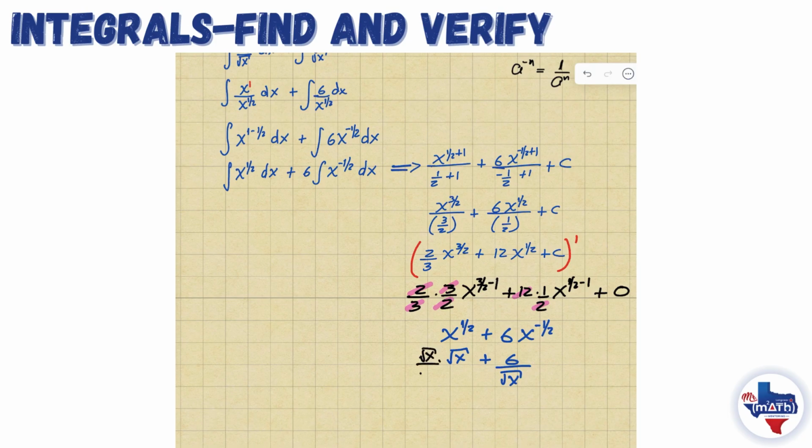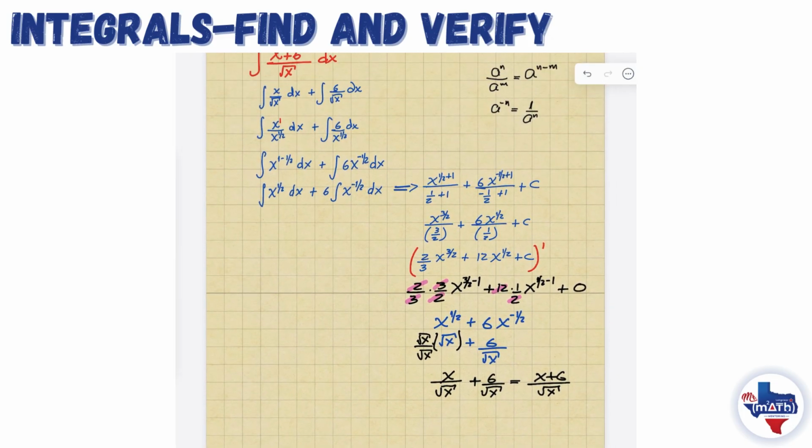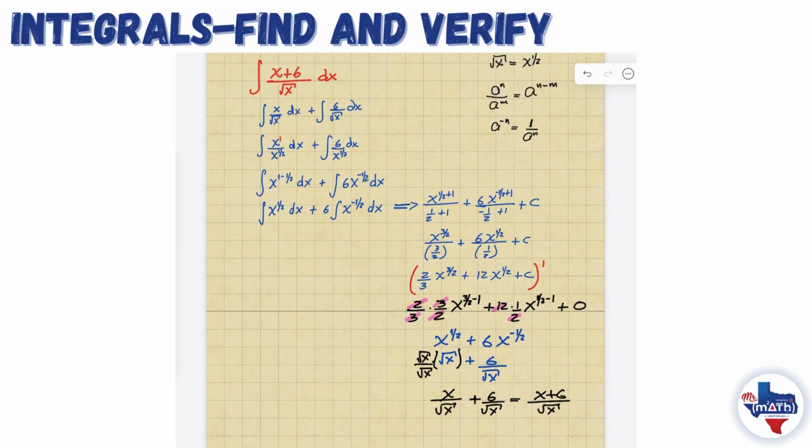I'm going to amplify this one times root of x over root of x, just the first term, and I will have something like x over the root of x plus 6 over the root of x. Okay, this is equal to x plus 6 over the root of x, and this looks exactly like our initial problem right here.